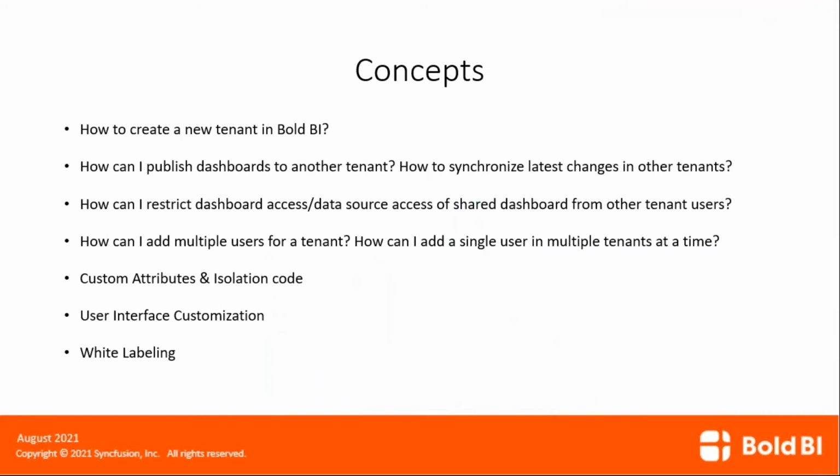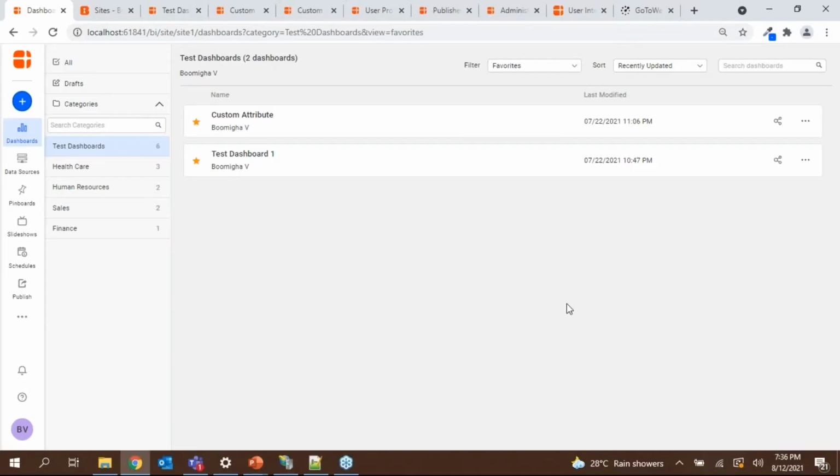Now let's see how to create a new tenant and the other features available in Bolt BI. Let me show you. Once you have launched and logged into the application, you can see this initial page, which is called the Bolt BI server.